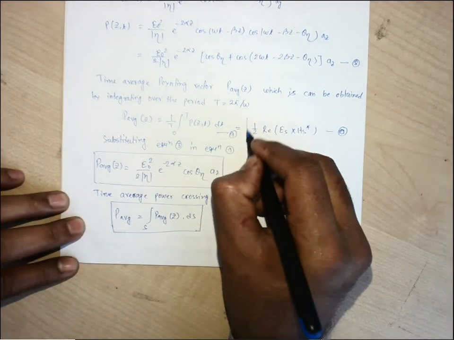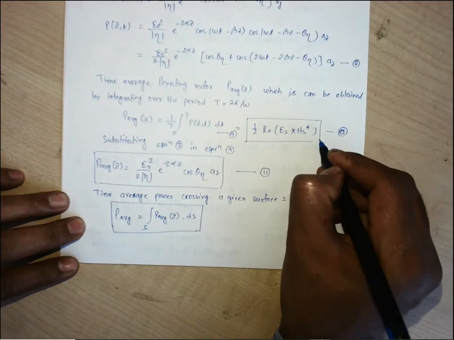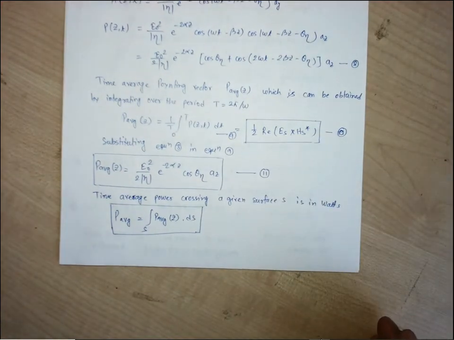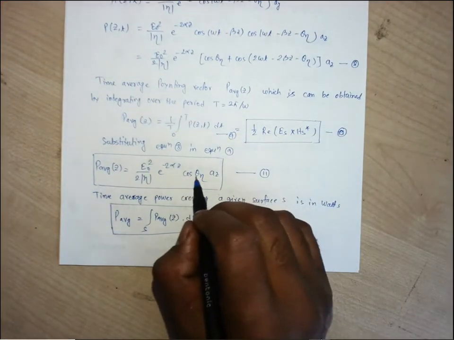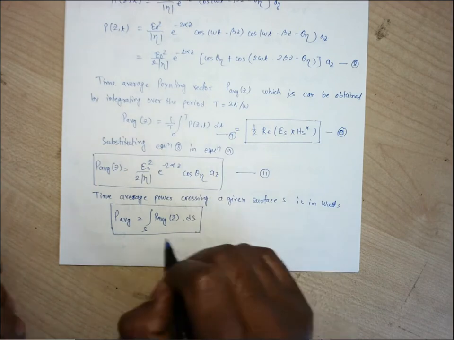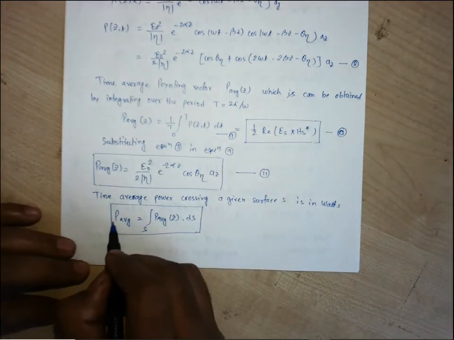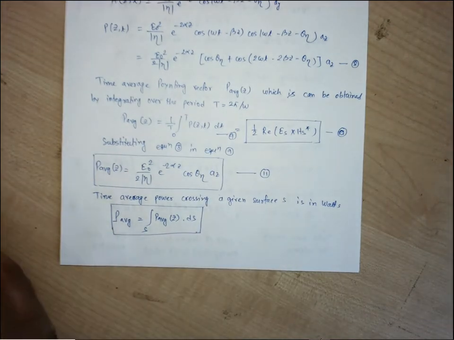These are the different expressions of the Poynting vector. This is the time average within a given period of time. This is the average power for the surface where the source is kept, that is, how much power is crossing that closed surface.